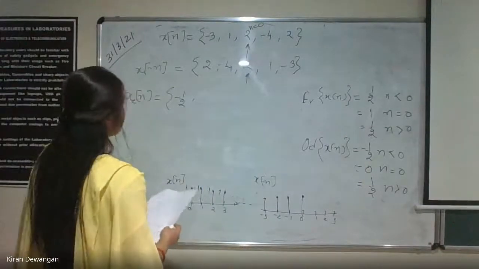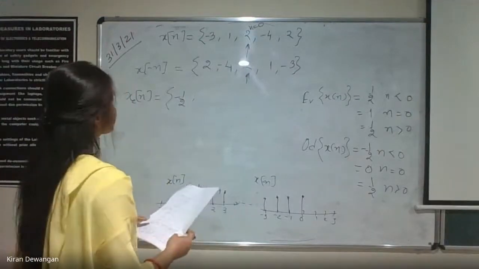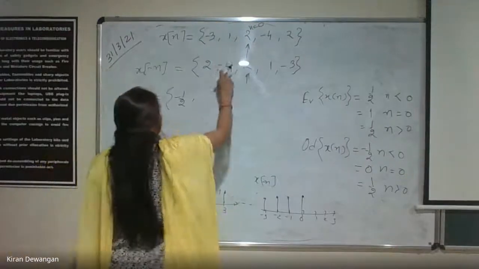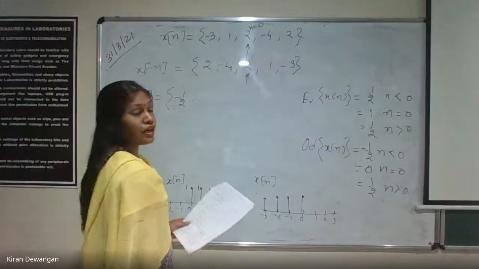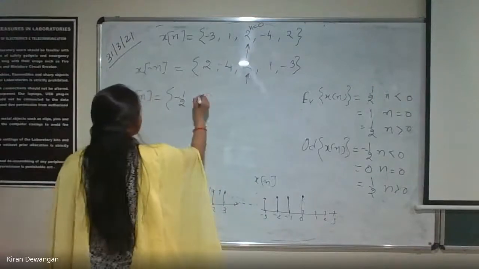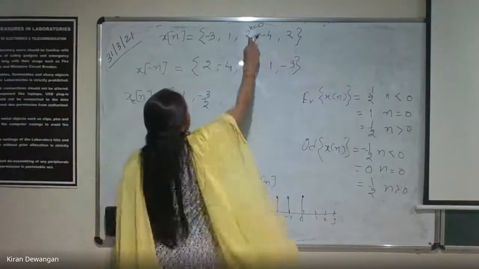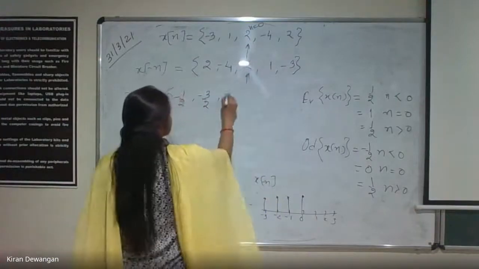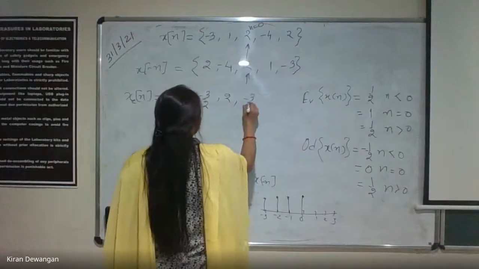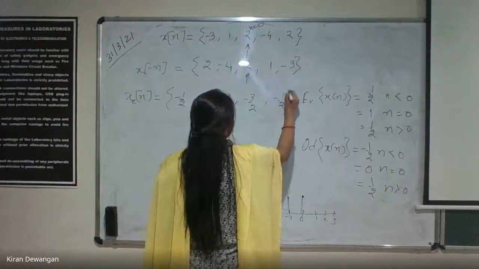Then we have 1 minus 4, which is -3, so -3/2. Then 2 plus 2 is 4, 4/2 is 2. Then -4 plus 1 again is -3/2. Then this one again -1/2.